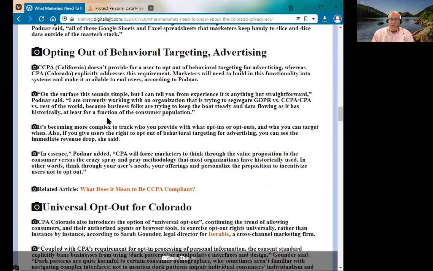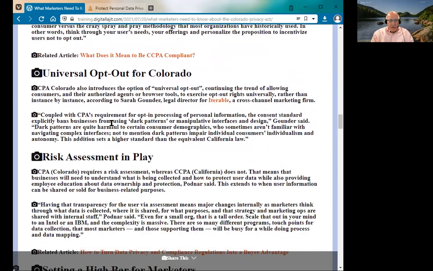You won't have to go to each website, find where they put the stupid thing, and say, I want to opt out from this website. You'll be able to do it from all websites. The law also addresses dark patterns, basically where they make it very hard for you to figure out how to opt out. That does not work. So those are things you can't do.